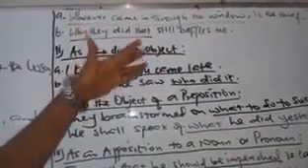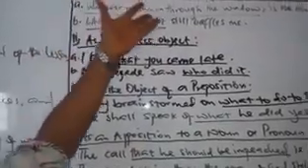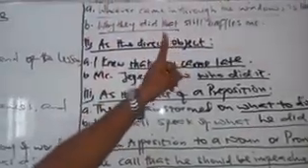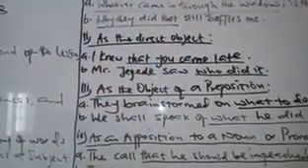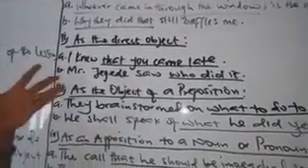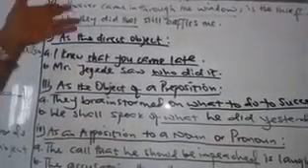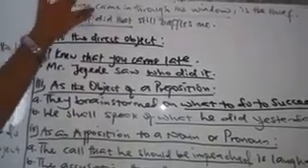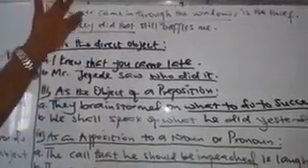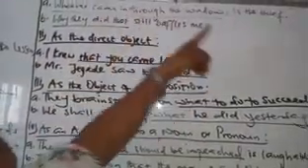Another way to find out whether it is serving as a noun is to see if you can replace the group of words with one noun, like something, or a pronoun like he, she, it. Because it is a human being, we'll go with he or she. If you put he here and add the remaining words, it works. So you can say he is a thief or she is a thief.